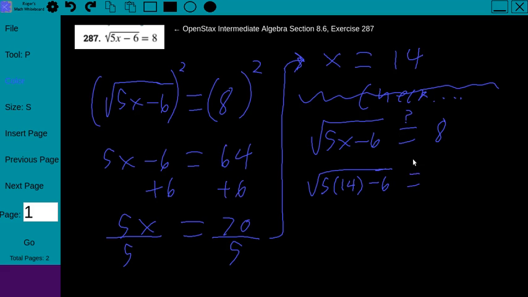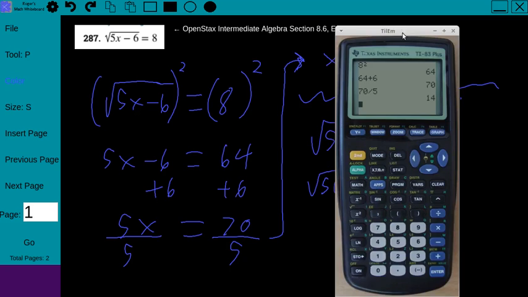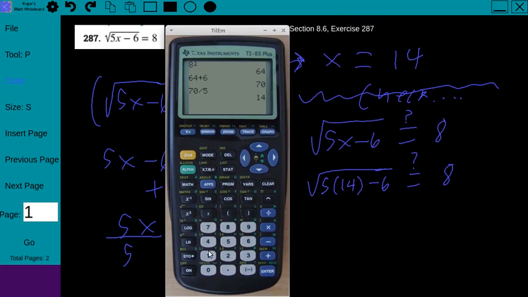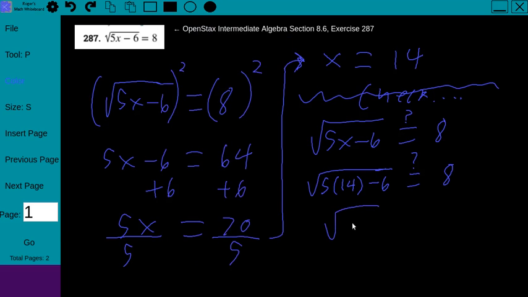And our question is, does that equal the 8? Well, now we've got some arithmetic to do here. So 5 times 14 minus 6. I'm just going to do it all in one piece because you can do that on the calculator. If not, you could have done 5 times 14, got that answer, and then subtracted 6 from it, but this is just a little bit faster. So 64 is going to be under the radical.